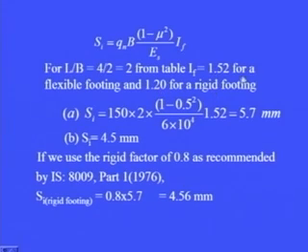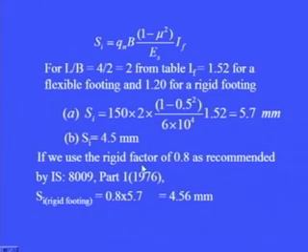So, when we substitute this value of If here, we can find out immediate settlement for the flexible as well as for the rigid footing. So, it comes out to be 5.7 millimeter for the flexible footing and 4.5 millimeter for the rigid footing.